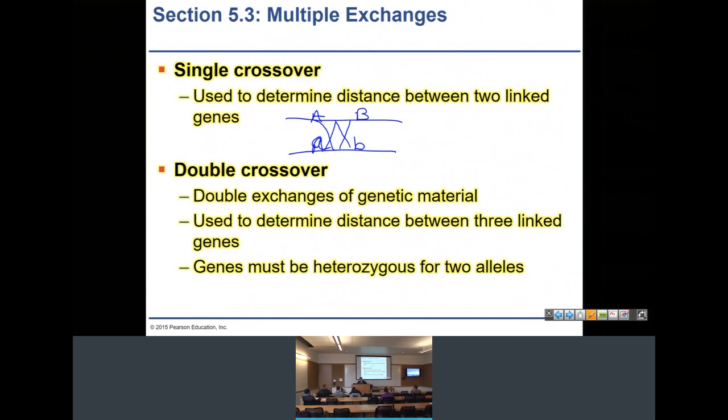And if there is no crossover, no recombination, that would lead us to think that the genes were not linked. So remember I told you if you write DCO, that means a double crossover. And so we usually have to have at least 3 genes to have an accurate genetic map.